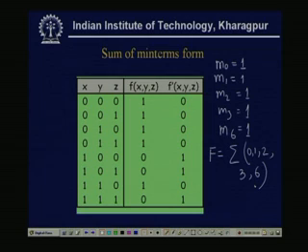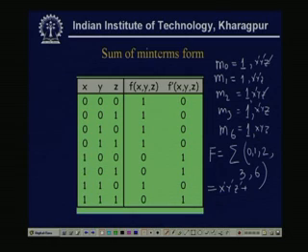In this way we can write it. The 0th term means x dash, y dash, z dash. m1 means x dash, y dash, z. m2 means x dash, y z dash. m3 means x dash, y z, and m6 means x y z dash.